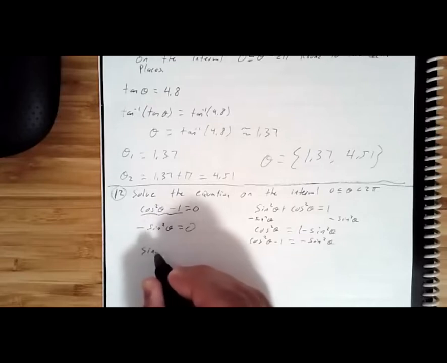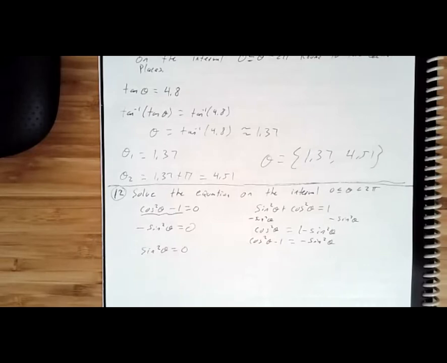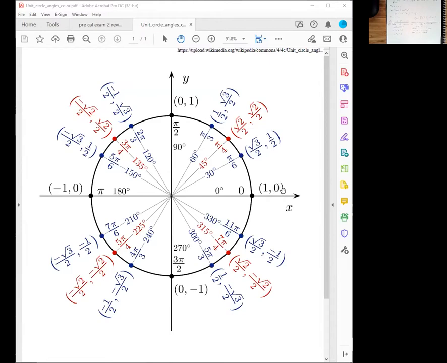So when is sine squared theta equal to 0? If you look at your circle, the sine values are 0 at 0 degrees and pi or 180 degrees.